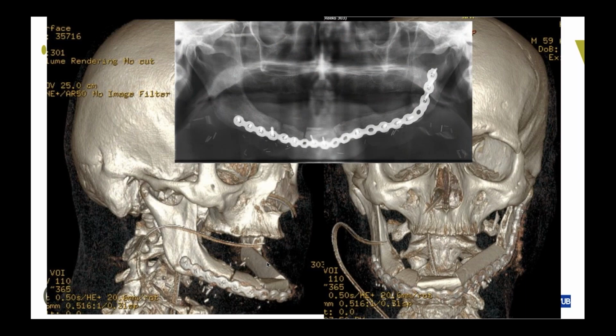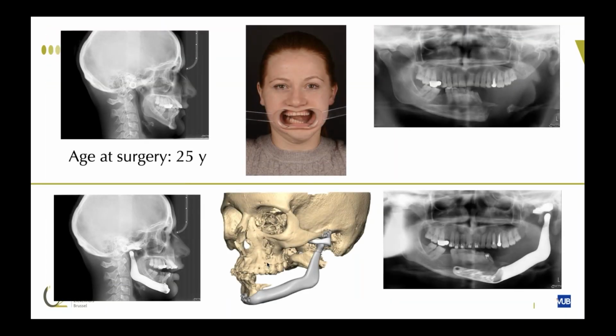A case done in my department, nicely performed by my colleagues indeed, but assume there is no radiotherapy involved. Would you still choose to do it this way? For example, a case of fibrous dysplasia in the left gonial angle. Reconstruction with iliac crest that unfortunately did not take.